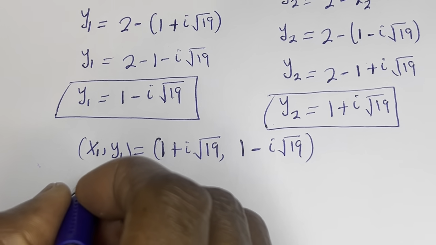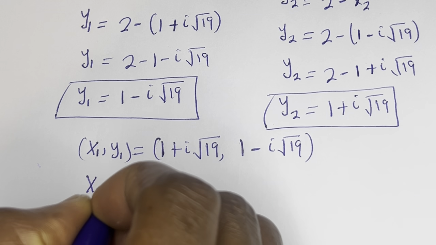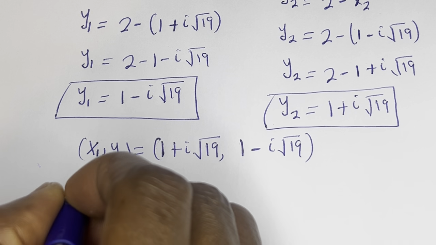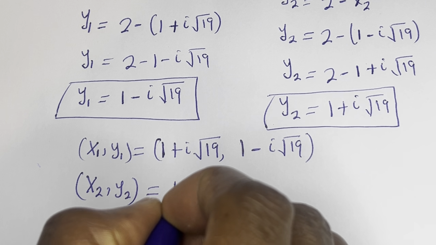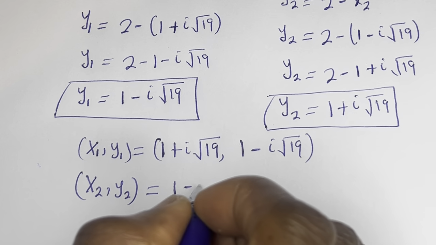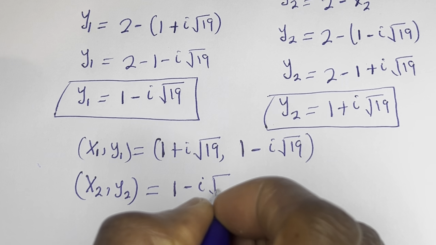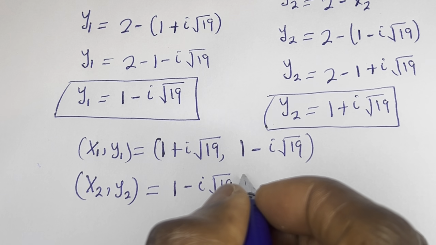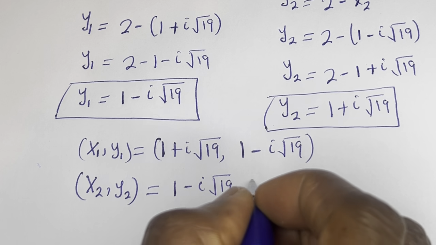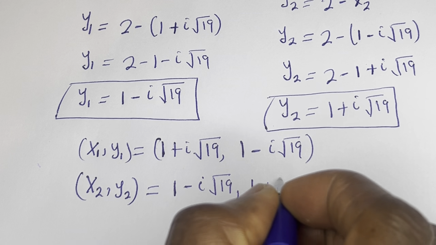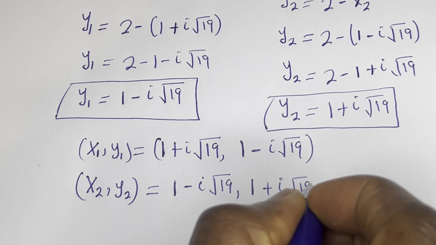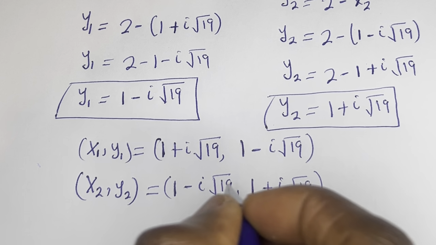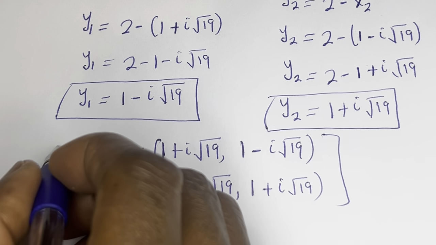Also, x2, y2 is equal to 1 minus i square root of 19, 1 plus i square root of 19. This is the final answer.